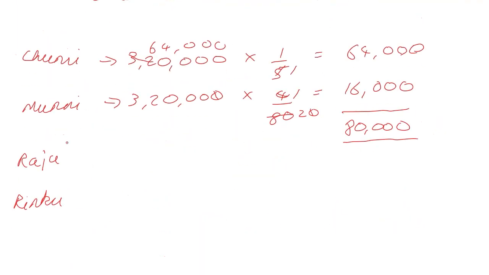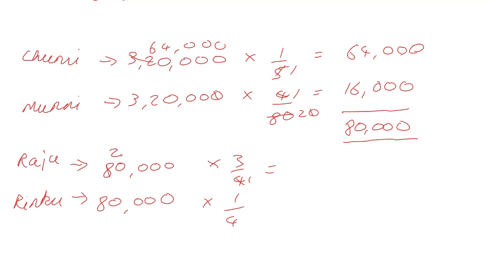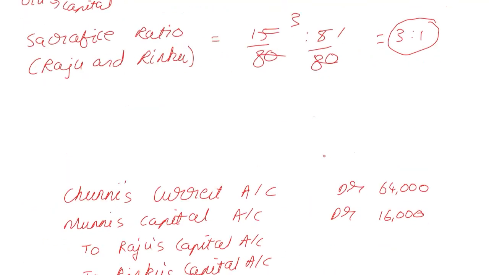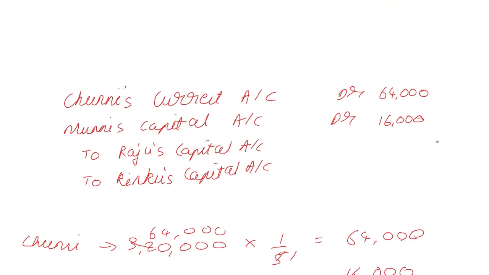So 3:1, I will have 80,000 broken up in the ratio 3:1. Okay, 4 ones are, 4 twos are, 20,000 into 2, 60,000. Subtracting will give me 20, but either way I can also do 4 ones are, 4 twos are. Okay, and I'm going to get 20. So 60,000 and 20,000 to Raju and Rinku.